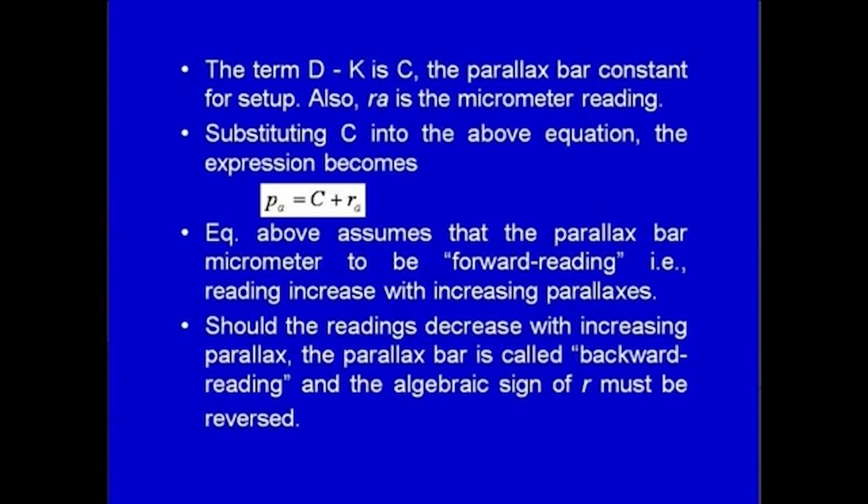Should the readings decrease with increasing parallax, the parallax bar is called backward reading and the algebraic sign of R must be reversed. With this, the parallax bar is now set for measurements.